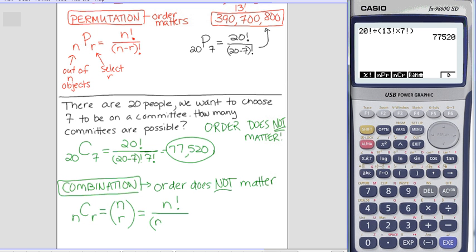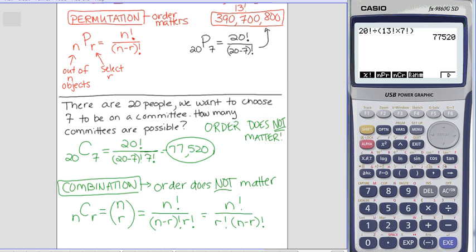Then again, we subtracted them just like we did for the permutations on the bottom, but we also divided the bottom by r. You could see it written this way, or you might also see this written as n factorial over r factorial times (n minus r) factorial. Doesn't matter how you write it, and if you look at the Algebra 2 formula sheet, the permutation formula and the combination formula are on there, but honestly, it's just easier to use the calculator button in the first place.